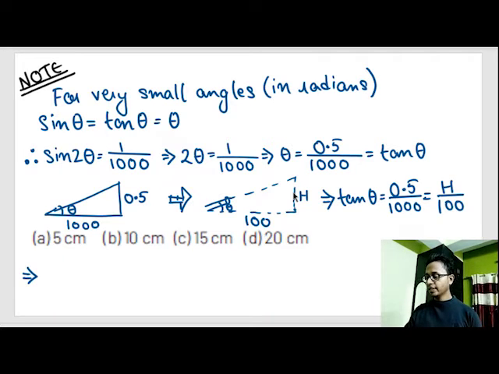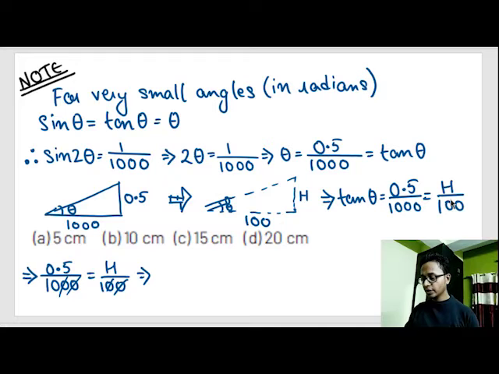Using these two, 0.5 by 1000 is equal to h by 100. Two zeros get cut out, so h is equal to 0.5 by 10 meter.